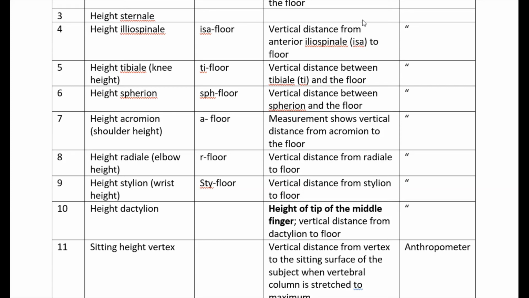So, removing the extra clothing first, standing on the right side of the subject, locating the most anterior point on the iliac spine, and then from there you position your anthropometer rod, put it on the floor. First arrange it, put it on the floor, and bring the caliper to the most anterior point which you have marked.